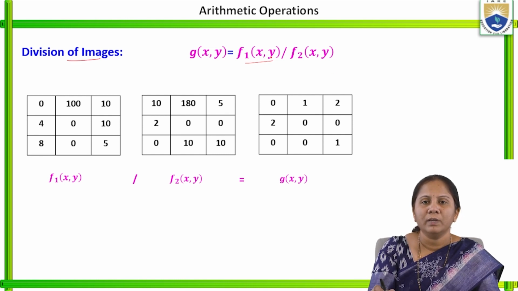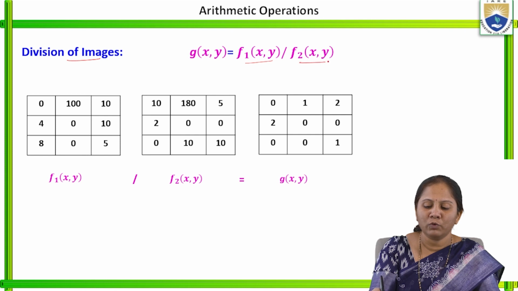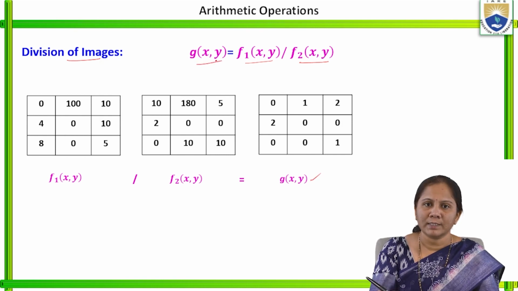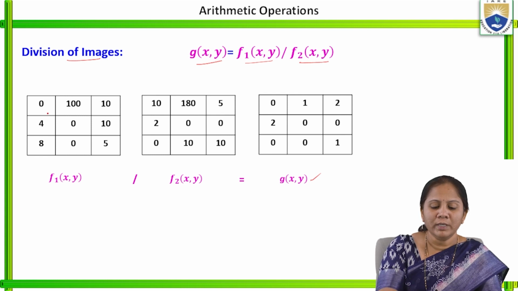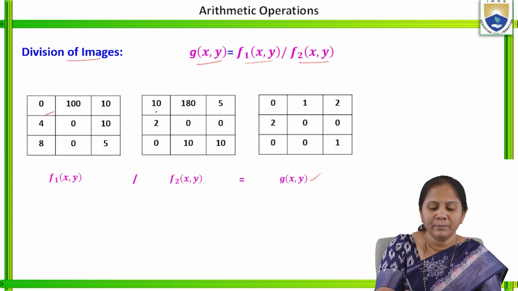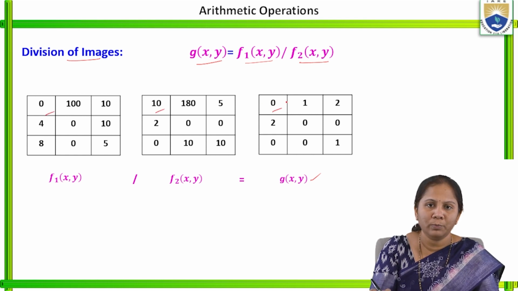Now let us solve one simple example of division of images. f1 of x comma y is image 1 and f2 of x comma y is image 2. If we perform division operation, then we are going to get the output image, which is g of x comma y. So here 0 by 10, the value will be 0, no problem here, no rule needs to be applied.